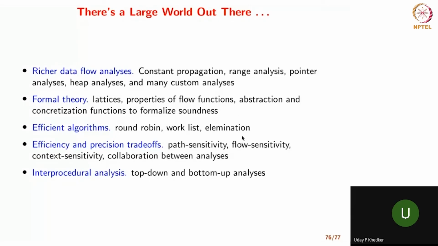We talk about efficient algorithms such as round-robin algorithm, work list algorithm, or summary-based elimination algorithms. And then data flow analysis also studies efficiency and precision trade-off. For example, we can talk about path sensitivity, flow sensitivity, context sensitivity, field sensitivity, object sensitivity.